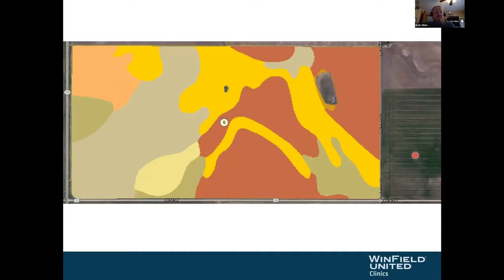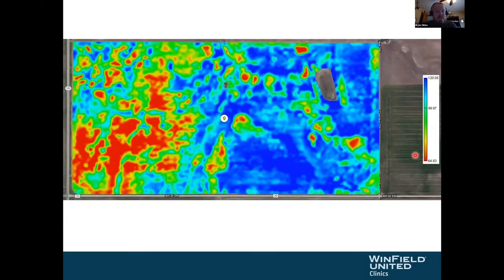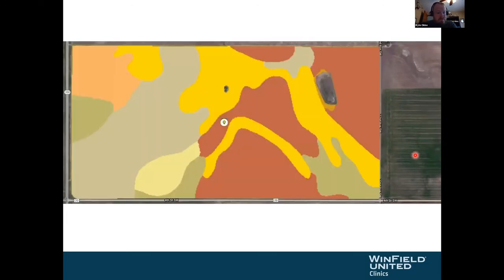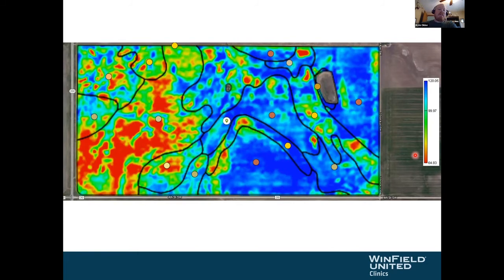You can start to layer in other pieces of information, and if you go back and forth between those two, you can see there are differences. You can overlay those and really understand that we have real variability here, so let's decide this is something we definitely need to manage on a more granular basis versus a by-the-field basis.